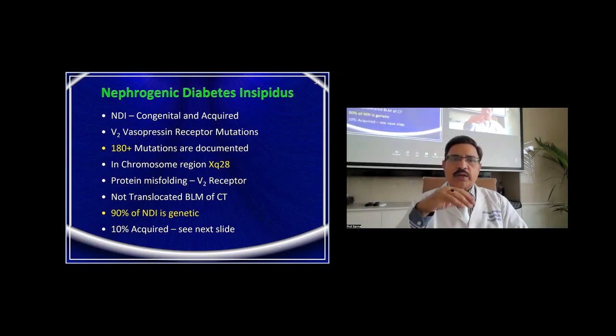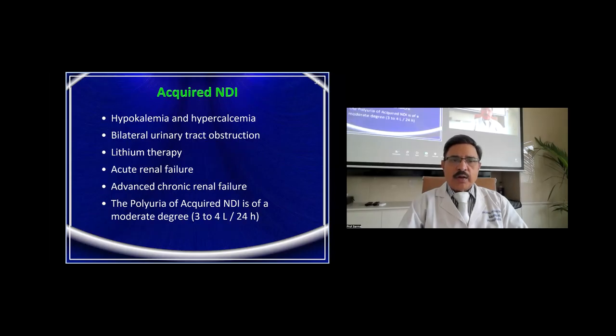There are many mutations of the vasopressin receptor gene, and this misfolding of the receptor protein prevents it from being located onto the basolateral membrane, and only 10% are acquired. Acquired could be due to hypercalcemia, hypokalemia, bilateral urinary tract obstruction, renal failure, advanced CRF, CKD, lithium therapy.